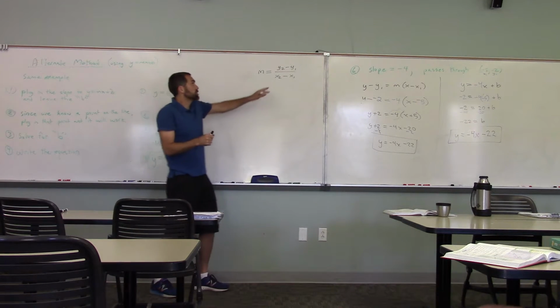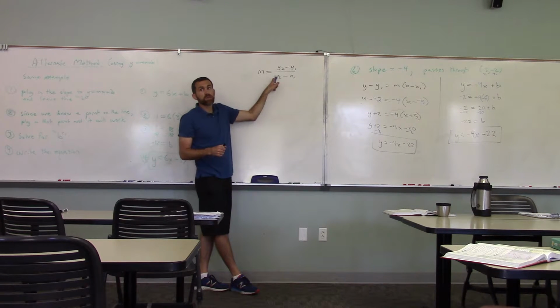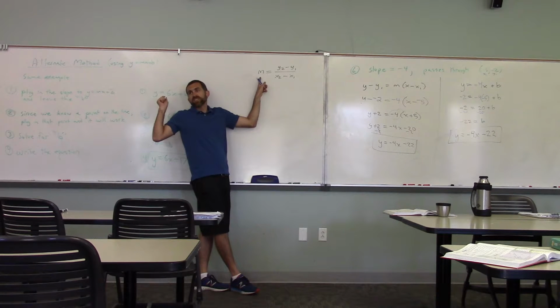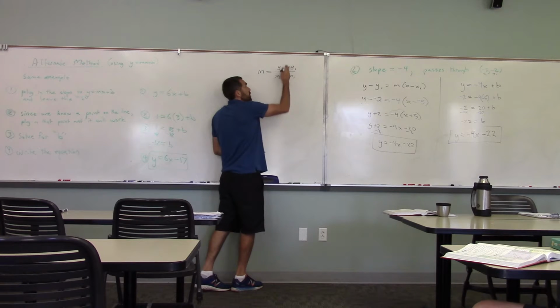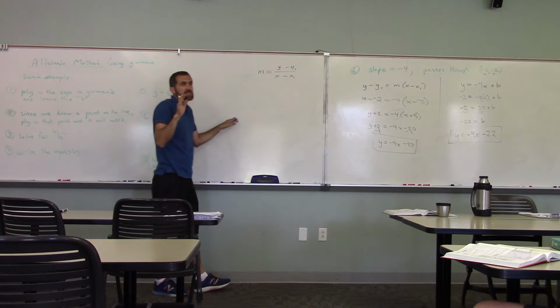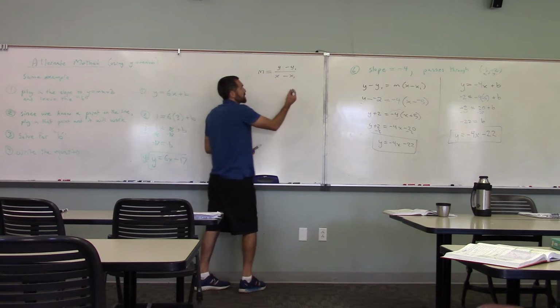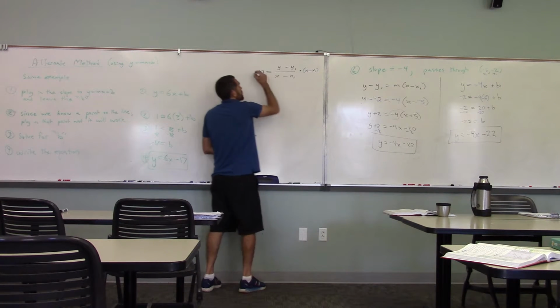And here, usually we know this point, and we know this point, and we want the slope. But let's say here, what if we knew the slope and knew this point, but we didn't know these? So instead of calling it y2 and x2, let's just call it a general y and x. And then let's say, hey, you know what? I want to get rid of this fraction, so let's multiply both sides by x minus x1.